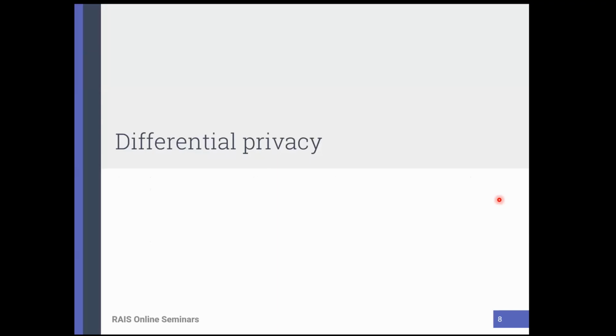Well, the concept of differential privacy has been built with this exact concept in mind. Basically, the idea is that in most cases, we don't actually care about seeing the data of the users. We don't want to see the data of a specific user. We don't want to see the data of Bob.